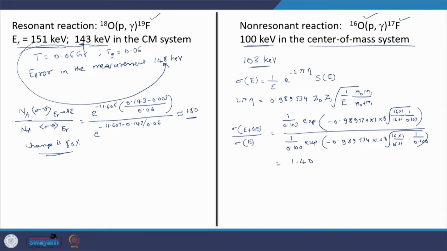What does it mean? The change in the projectile energy by 3 keV has resulted in 40% change in the cross section of the nuclear reaction. In case of resonant reaction, it was about 80%. In case of non-resonant reaction, it is about 40%, just by changing the projectile energy by a few keV.